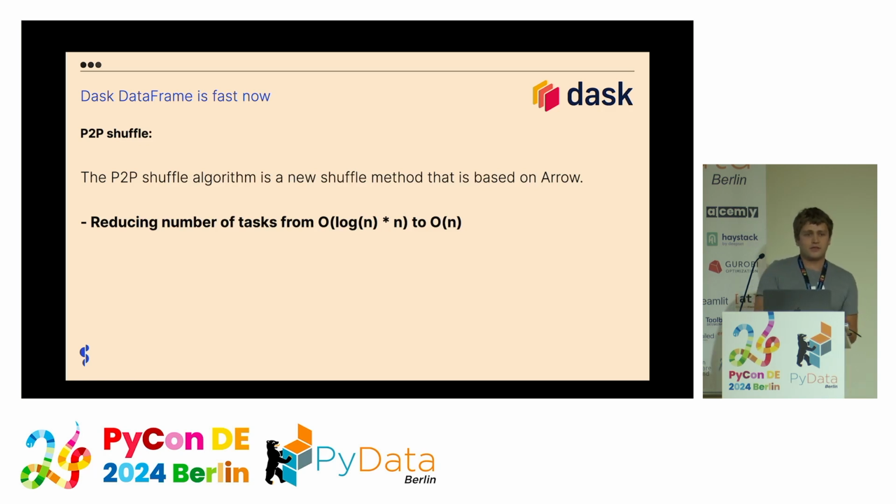And previously we created a lot of tasks that the scheduler, which coordinates the whole workflow, had to handle, and that scaled with n log n, which is not good, especially if you want to scale out. And now the new algorithm still has to do all the work that was previously routed through the scheduler, but we were able to reduce the number of tasks to n. So we scale linearly with the number of partitions, which just strains the whole system a lot less.